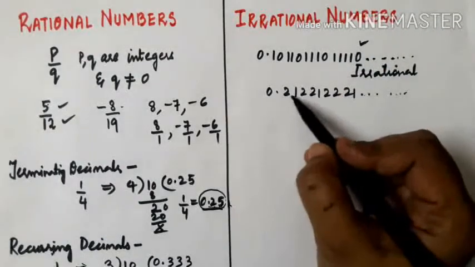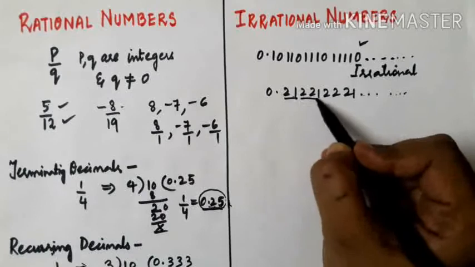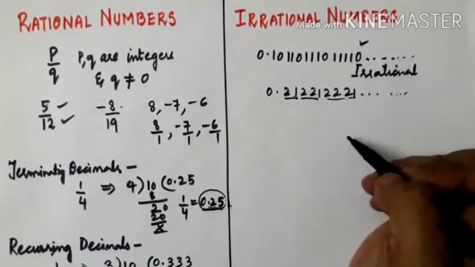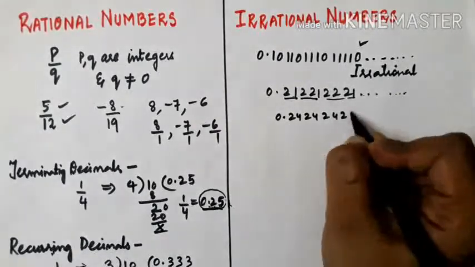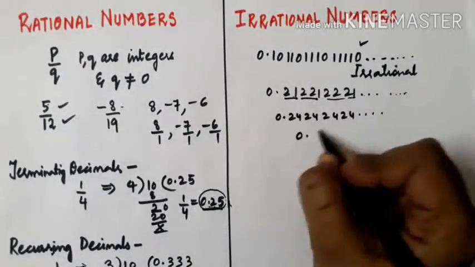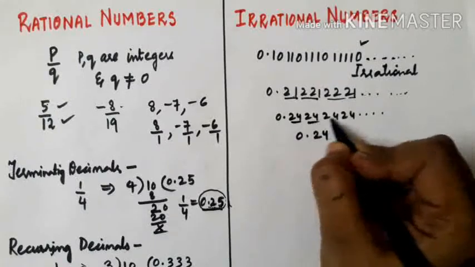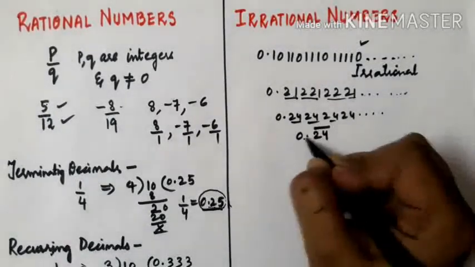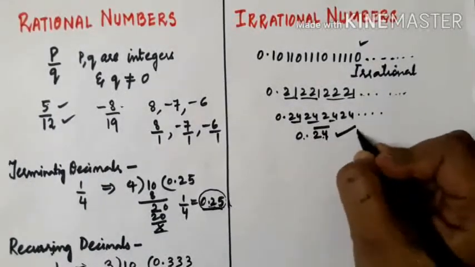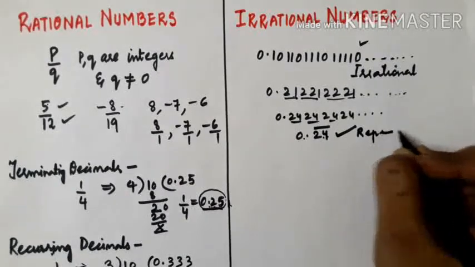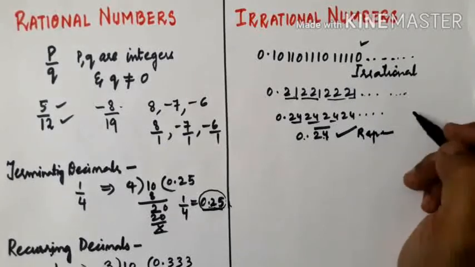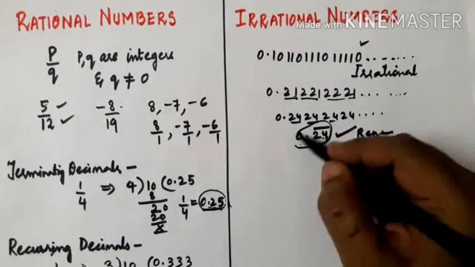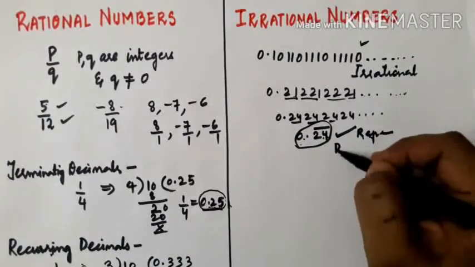Here there is no pattern: 21, then 221, then 2221. It is not like 24 24 24 24. If it were like that, 24 is repeating, so we write 0.24 with a bar, which is a repeating decimal. So in irrational numbers we need non-repeating decimals. If 0.24 bar is there, we call it a rational number.